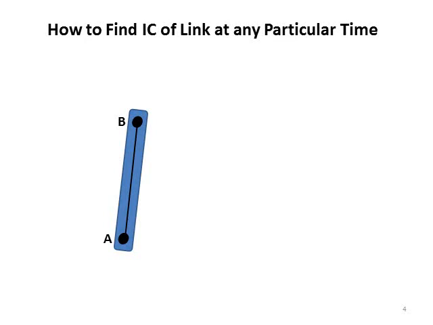If this link is in motion, definitely the points A and B will have certain velocities. Point A has a velocity VA, the green color, so the direction of velocity and the magnitude of velocity. As you know, velocity is a vector quantity, so to define a velocity we need two things, the magnitude and direction.